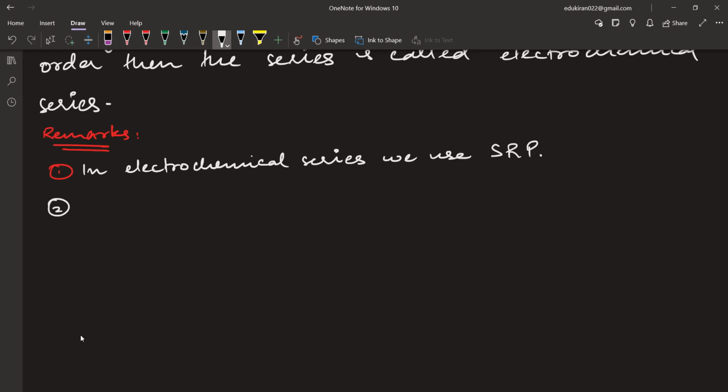Second point: when the SRP is going to decrease, what will happen? Reduction potential is decreasing.